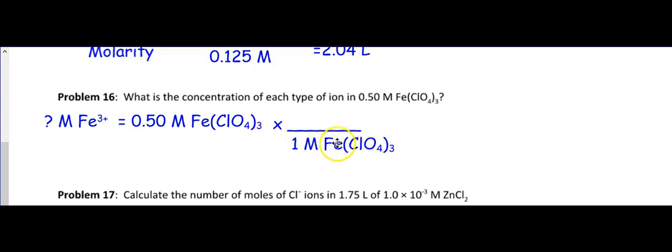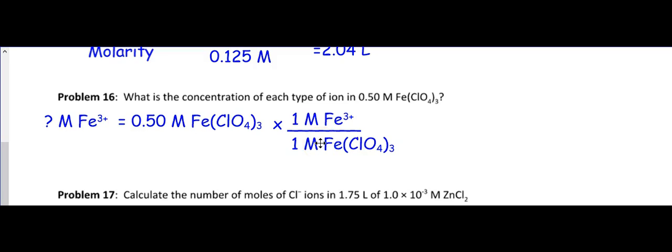Well, how many irons are in the formula? Just 1. So for every 1 mole of iron 3 perchlorate, I have 1 mole of iron ion. If I have 1 molar of iron 3 perchlorate, I have 1 molar iron. Because I have 1 iron in the formula, this works. Let me say this one more time.